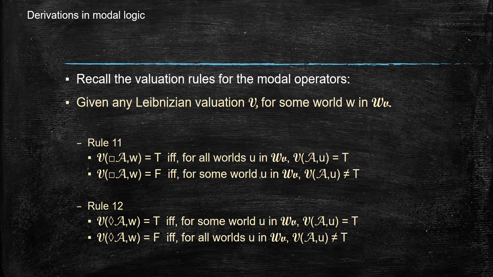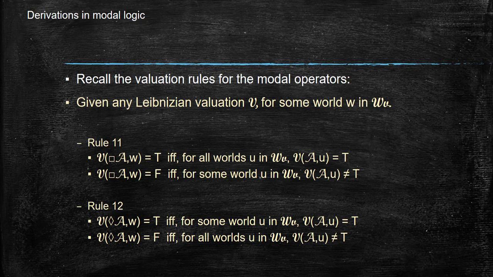And correspondingly, the value of necessarily A at W is false if and only if for some world U in WV, the value of A at U is not equal to true.